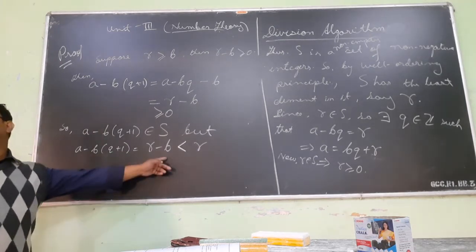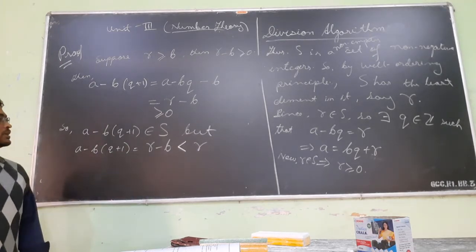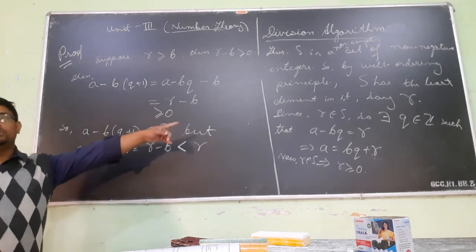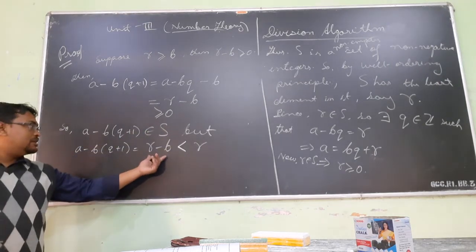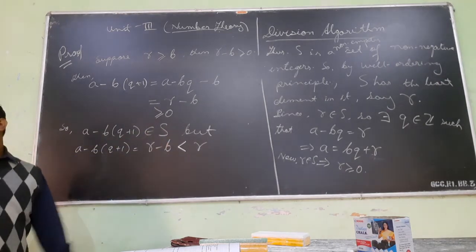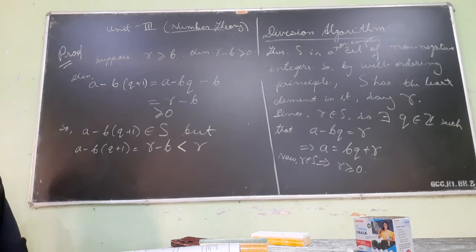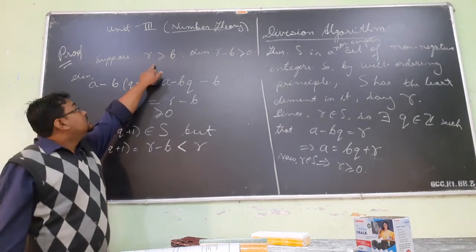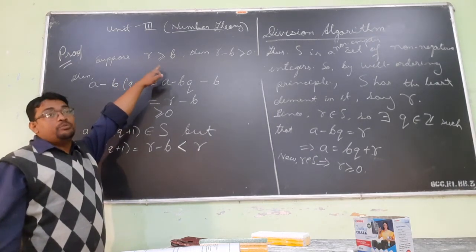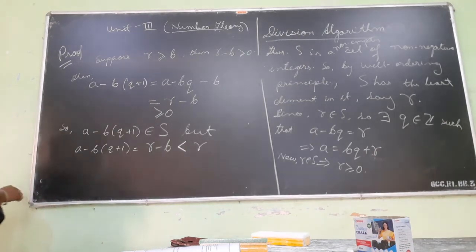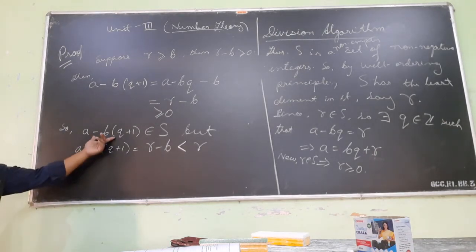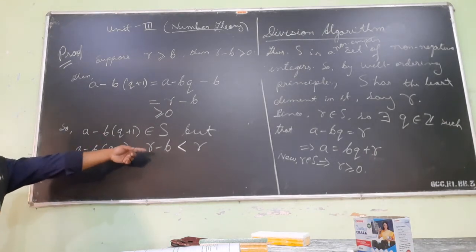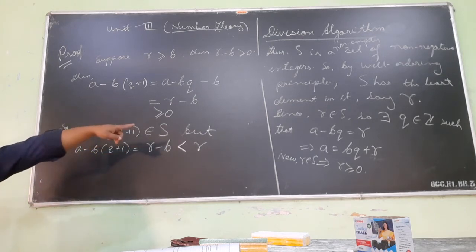So what is the problem? R is the least element, and we have got some element which is smaller than the least element, so that cannot happen. R cannot be greater than or equal to B. If R is greater than or equal to B, then R is not the least element, but we have already taken R to be the least element.